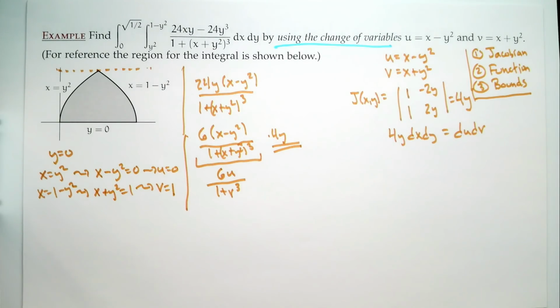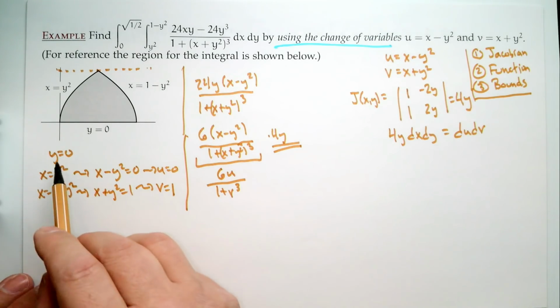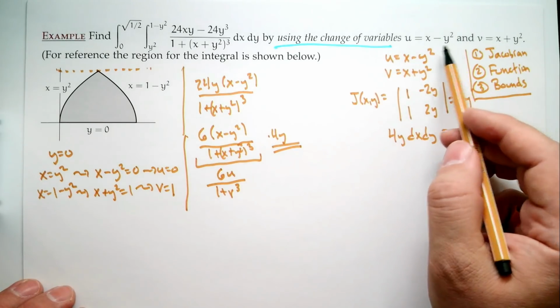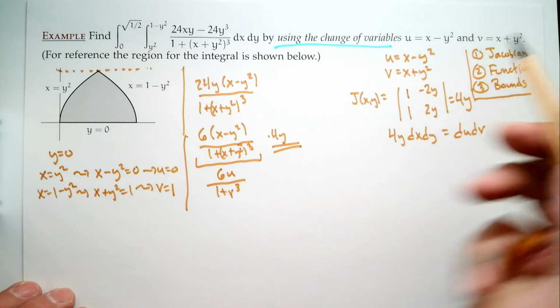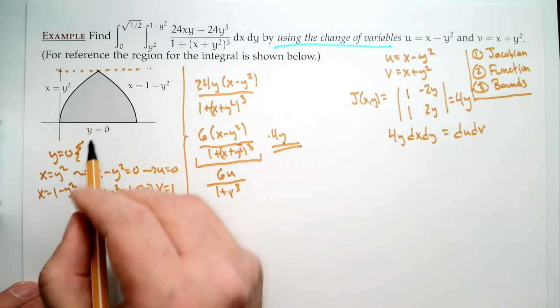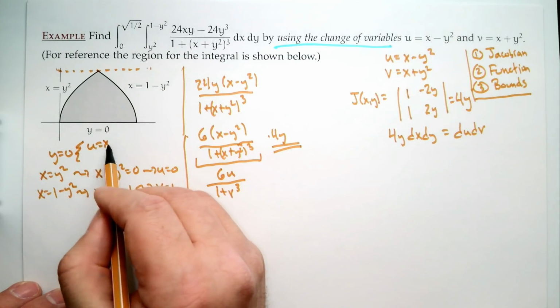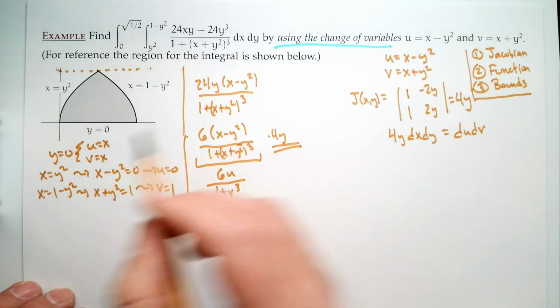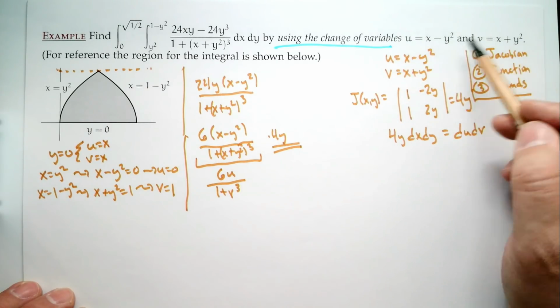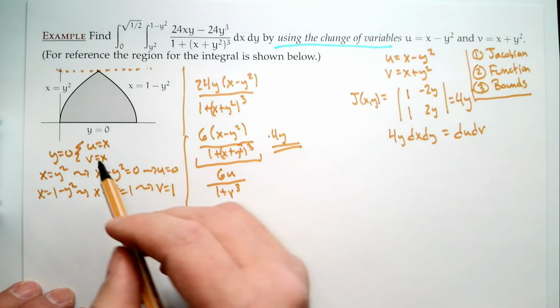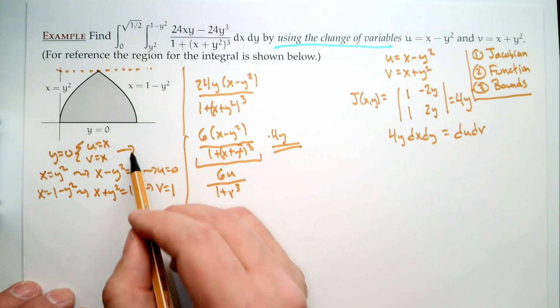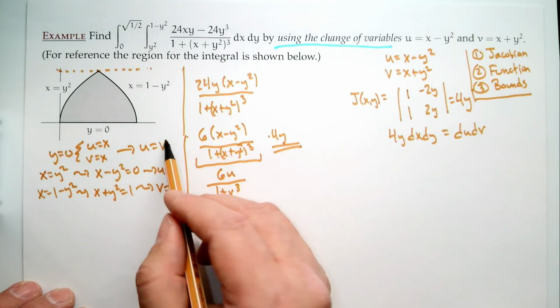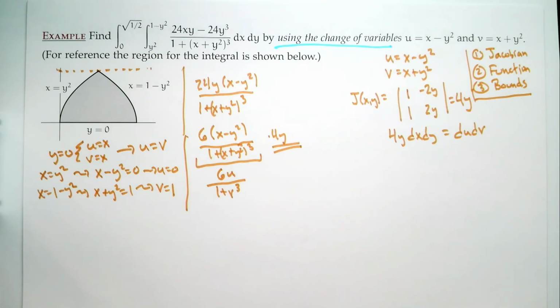So those two are not so bad. Now the last one shouldn't be too bad either. We see that y equals 0. Now, there's not a single term with y. They both have y. But this tells us that what? u has to equal x, and v has to equal x, because I'm plugging in y equals 0 into both these expressions. So they both equal x, which means they both equal each other. So in terms of the uv plane, those are going to be our 3 bounding curves.